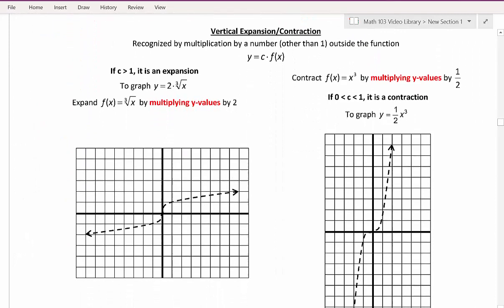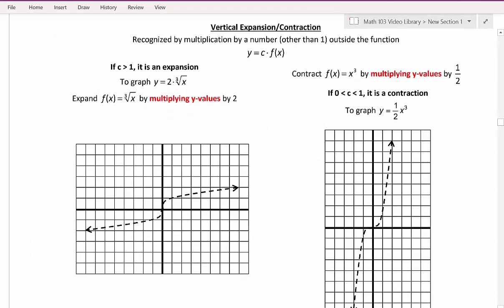Our last transformation is either a vertical expansion or contraction. We recognize that a vertical expansion or contraction is going to occur when we have multiplication by a number other than 1 outside the function.